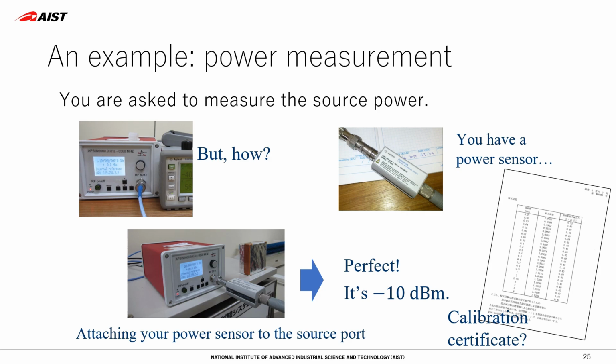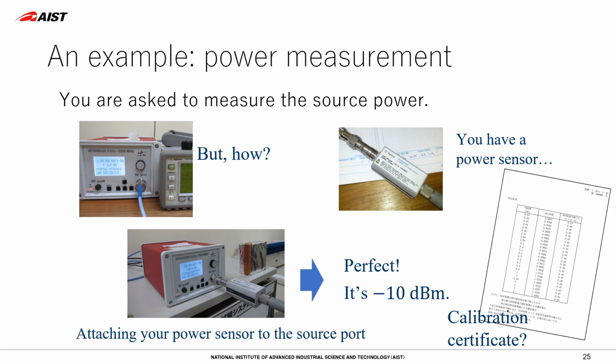Let's see some examples. When you want to measure the source power of a signal generator, it's an extremely simple situation. You've got your power sensor, attach it to the source port, and you can get the value, say minus 10 dBm. Does your source really output minus 10 dBm?